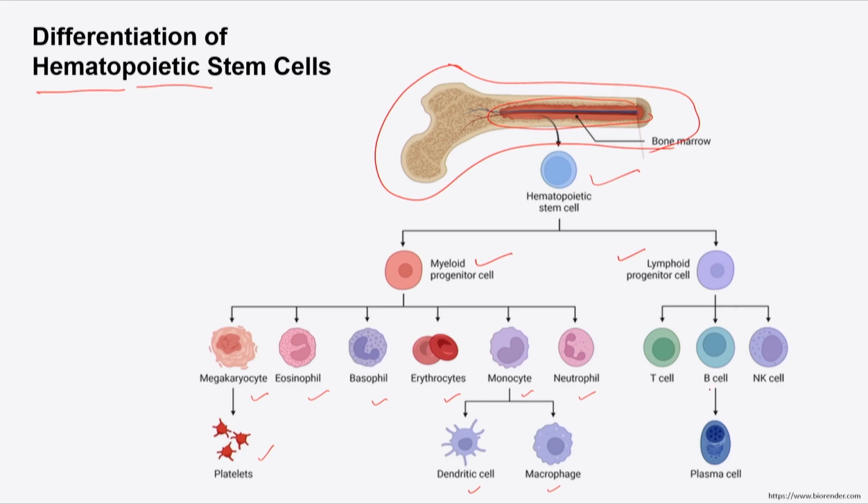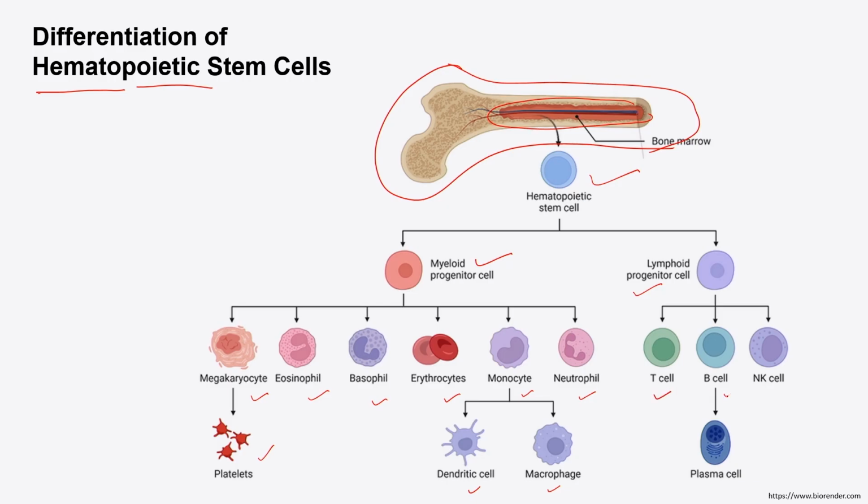The lymphoid progenitor cells can be differentiated into T cell, B cell, and the natural killer cell. So the lymphoid progenitor can differentiate into different lineages which make cells of the immune system in different ways.